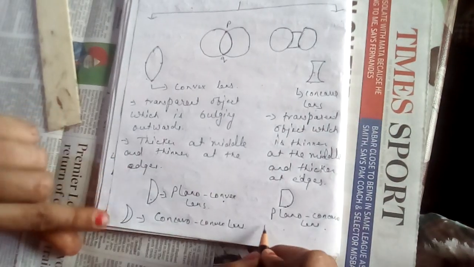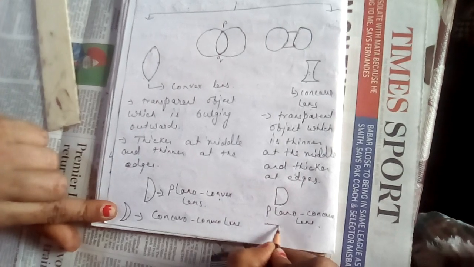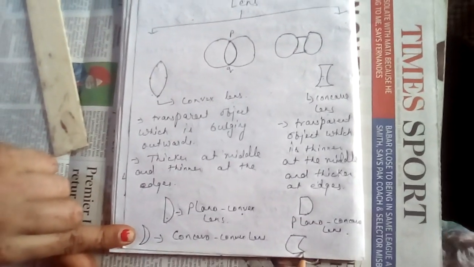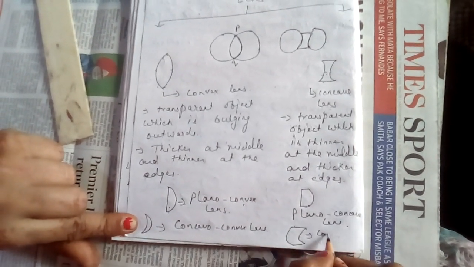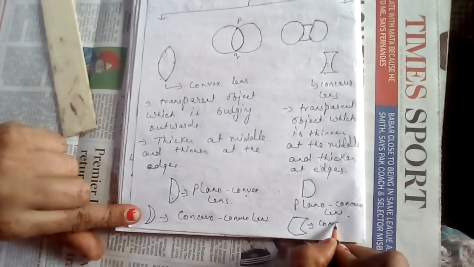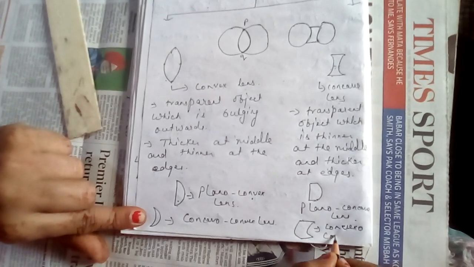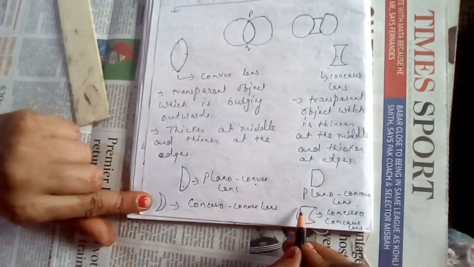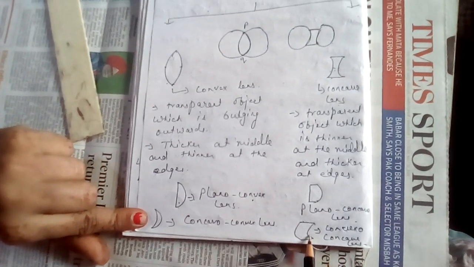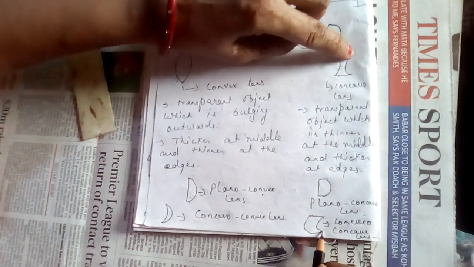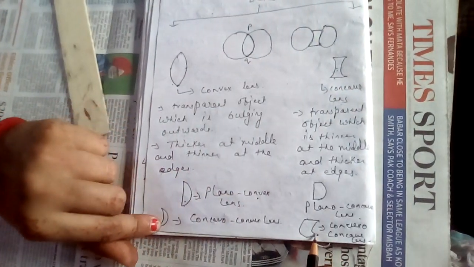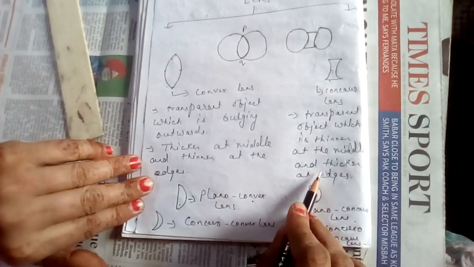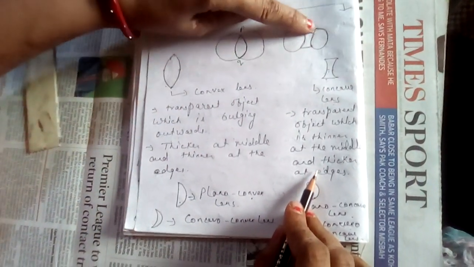And if we take a shape like this, it is known as a convexo-concave lens. One part is bulging outwards, and the other is concave, curved inwards. This is a convexo-concave lens. So these are the types of lenses made from spheres.